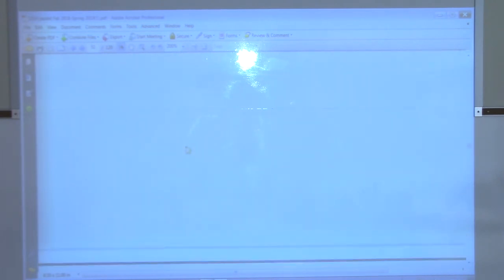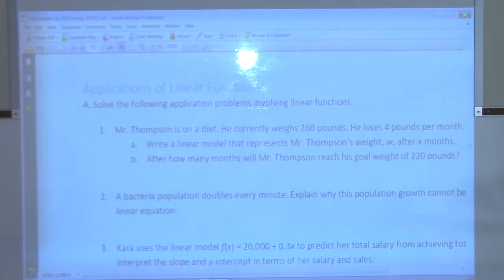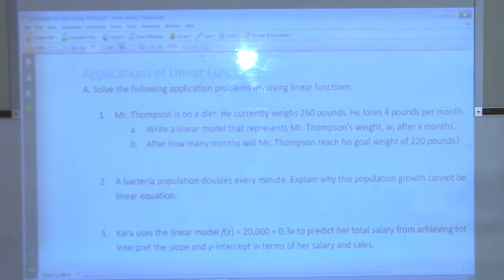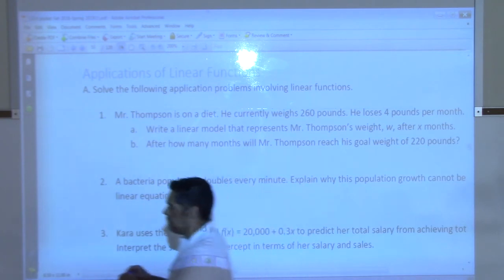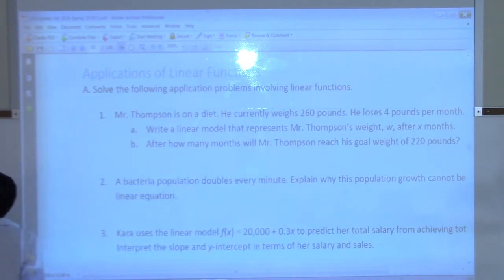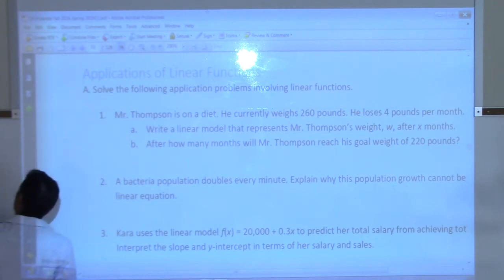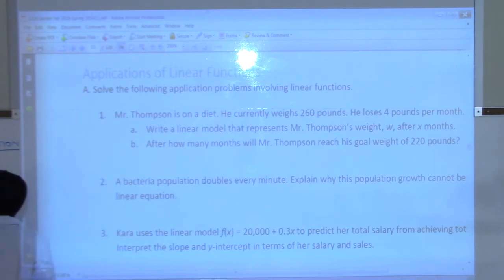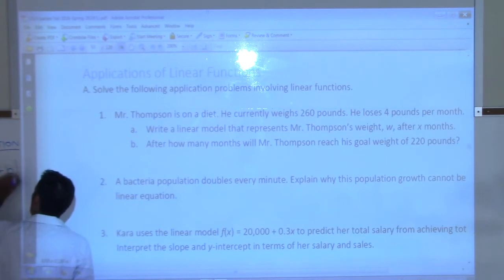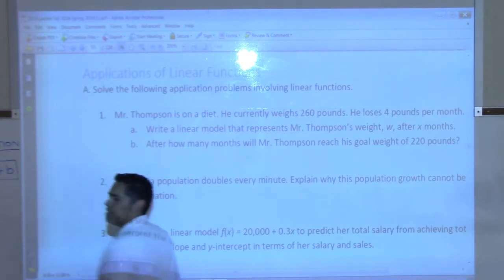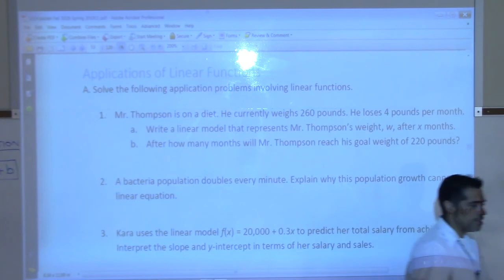All right, last topic before we can start talking about the review, and that is applications of linear functions. So what we're doing here is taking this idea. We started with the idea of a linear equation, and we broke it down to two forms, but y equals mx plus b was our slope-intercept form.